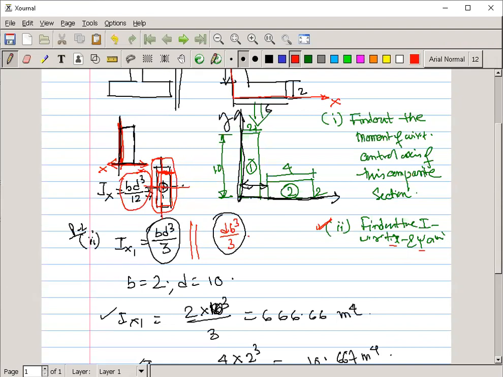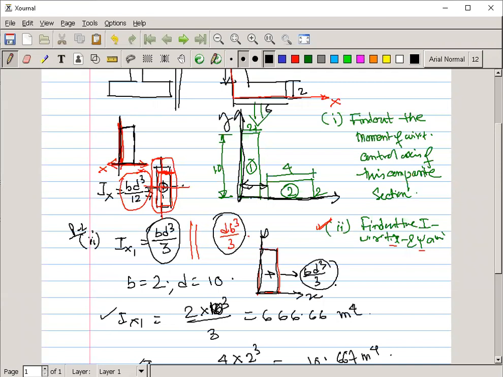But when we apply the parallel axis theorem, and the axis is at the edge, meaning this is your body, and an axis passes through it in such a manner that it is attached to the edge, this is your x-axis, this is your y-axis, both axes attached with this body, in such a case you can apply this bd cube by 3.